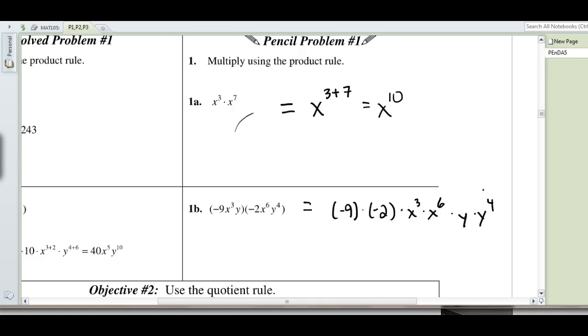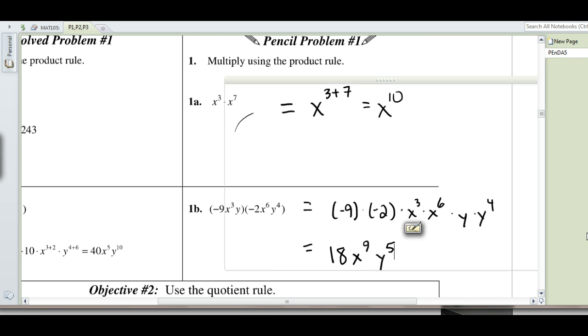Now all we have is a bunch of iterations of exponent rule number 1, so we just need to add some exponents. -9 and -2, when you multiply those, you get +18, x to the 9th power, and y to the 5th power. Remember, since that y doesn't have an exponent on it, it really just means the exponent's 1.